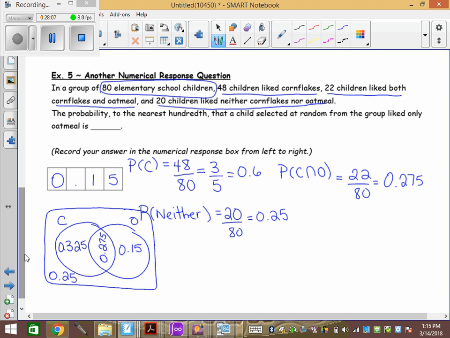You'd get whatever your number is in just the oatmeal, but you'd have to remember to divide that answer by 80 to get your decimal. Either way would work. I like just dealing with probabilities right off the bat so I don't forget to divide at the end. Otherwise, your answer would be 15 out of 80, which isn't a probability of 0.15, and that would be a problem.